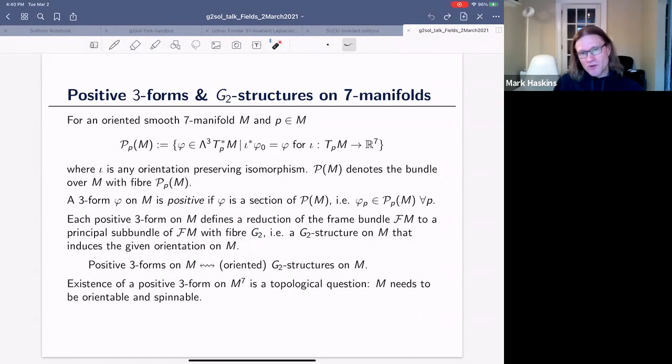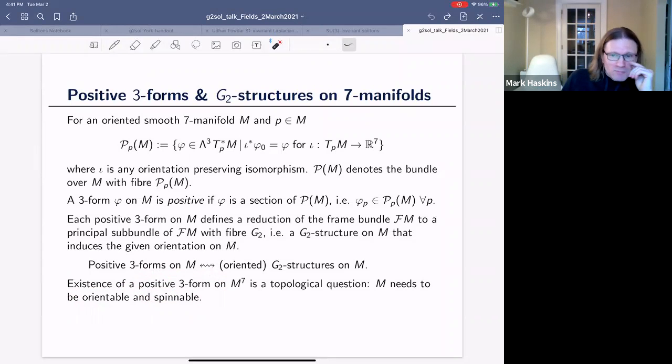So it gives me a G2 structure in the usual sense, compatible with the chosen orientation on M. These positive 3 forms are basically in one-to-one correspondence with oriented G2 structures. But this is not very interesting from a geometric point of view. It's purely a topological question: you have a positive 3 form on your 7 manifold if and only if your 7 manifold is orientable and spinnable.